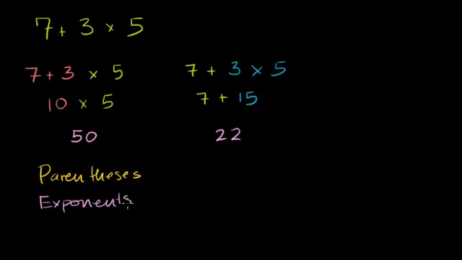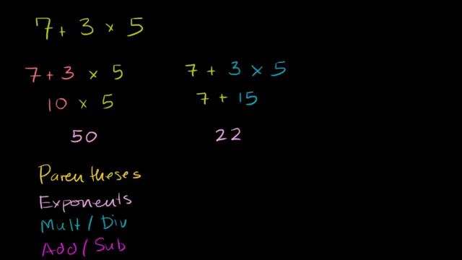And in this video, we're not going to have any exponents in our examples, so you don't really have to worry about them. Then you do multiplication and division next. They kind of have the same level of priority. And then finally, you do addition and subtraction.